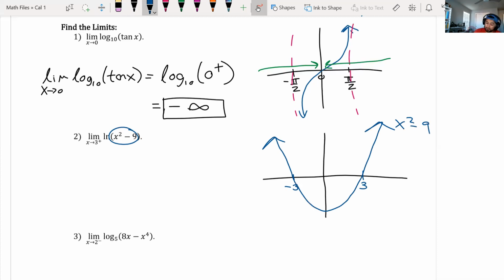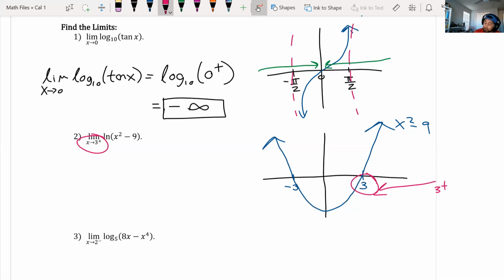And now let's look at what the limit is asking. The limit says, what is the limit as x approaches 3 from the right? So we are approaching this number from the right side. So as x approaches 3 from the right, y is getting closer and closer to what number?